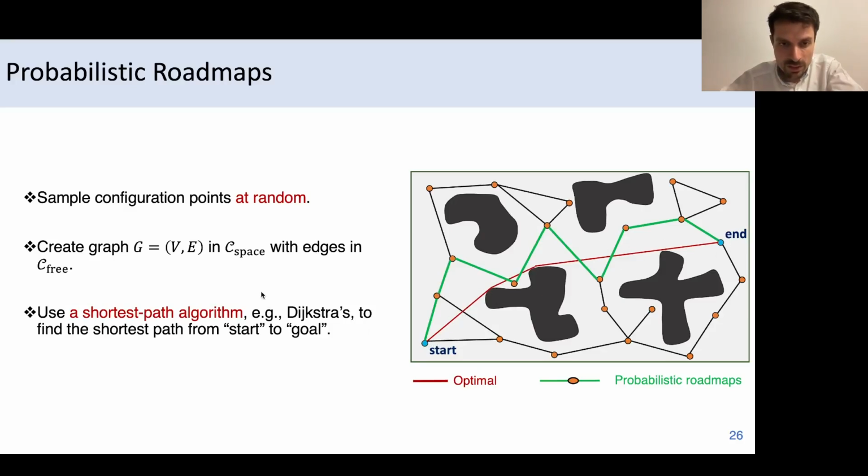However, we are in 6D, so if we want a dense set of points in 6 dimensions, that takes a very, very large number of points, and that would make the algorithm very costly.